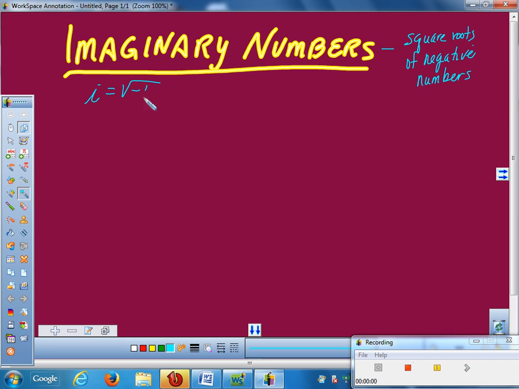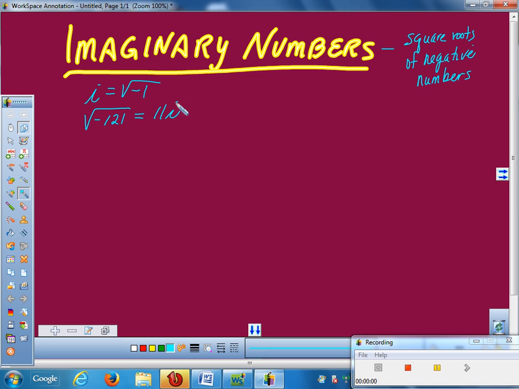It is the square root of negative 1. That's what i is defined to be, the square root of negative 1. So if I ask you to find the square root of negative 121, what do you tell me? The square root of 121 is 11, and then yes, you put an i on it.